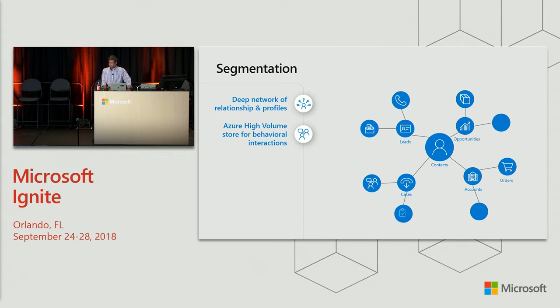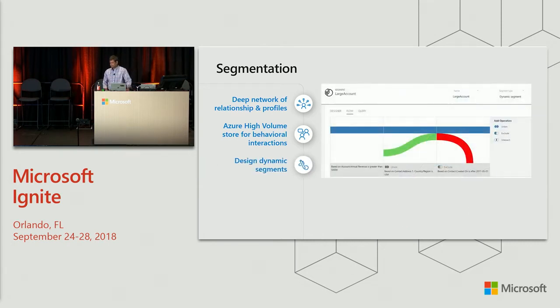The segmentation and lead scoring all work off Azure, a high volume data store, which helps us scale better. All of these data points, both transactional and interaction data, are part of this interaction store, and we run all our computes on this interaction store to be able to scale better. It helps in all of those insights, lead scoring, as well as doing the segmentation.